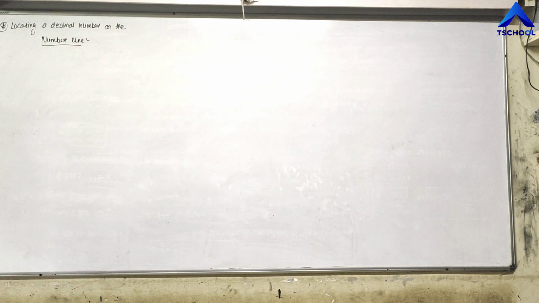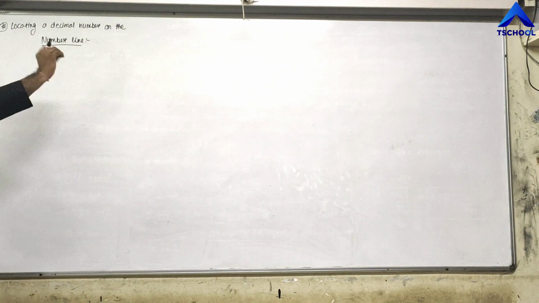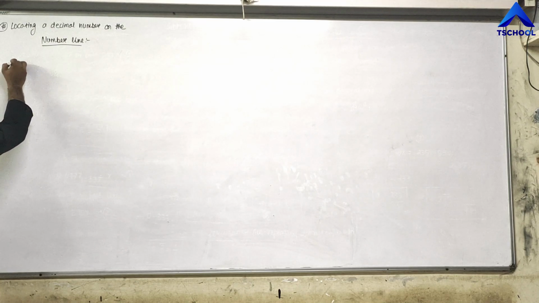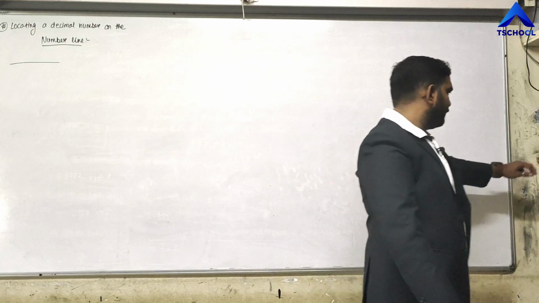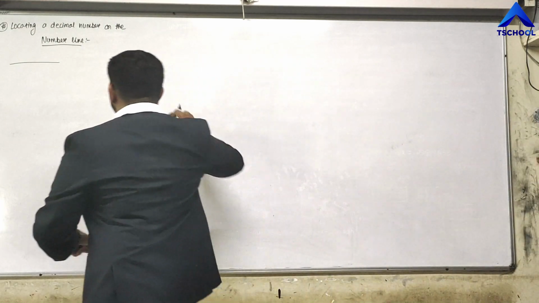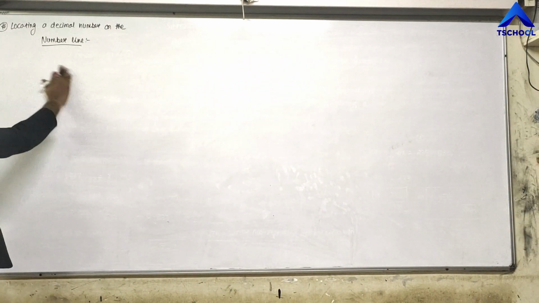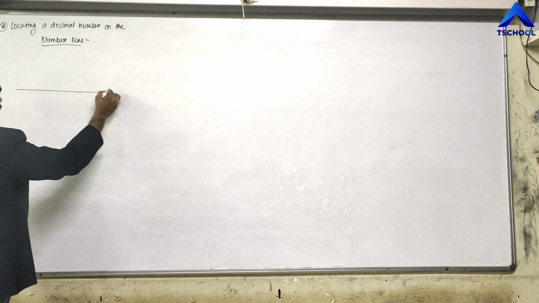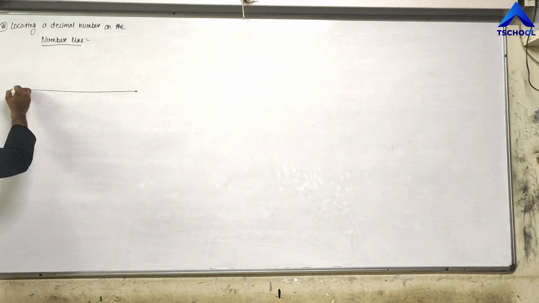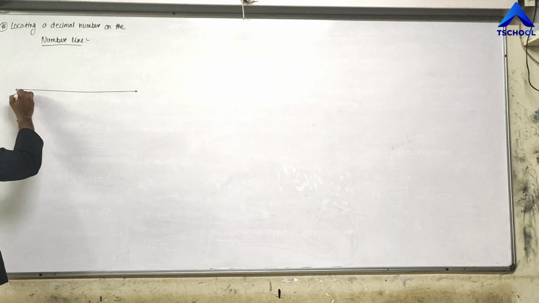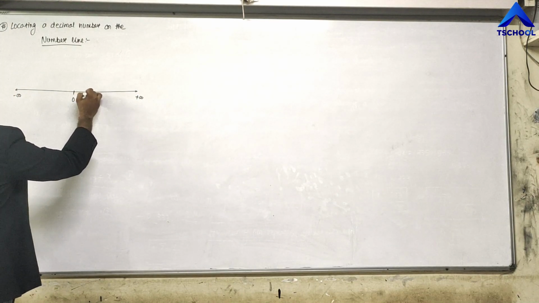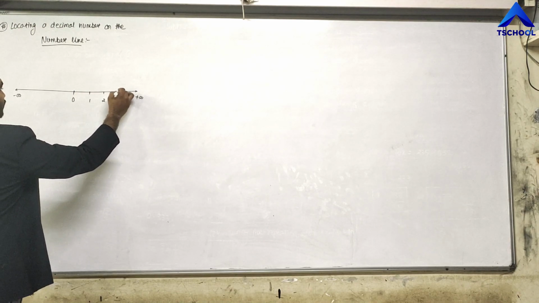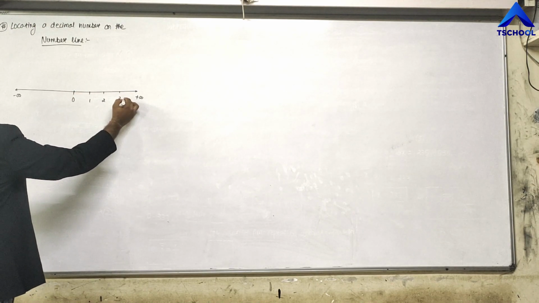Right? Suppose we want to show, okay, we know that this is our number line. Here it is minus infinity, here it is plus infinity, with a 0 here, then 1, 2, 3 and so on.